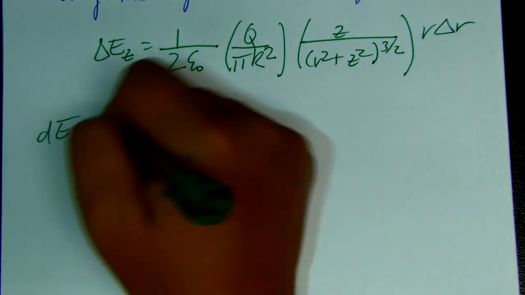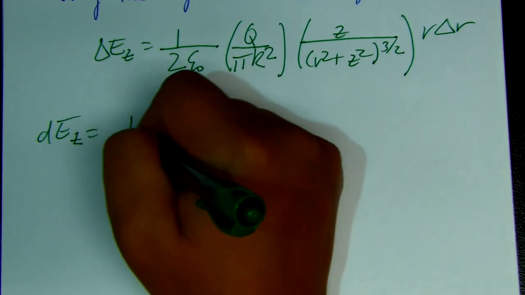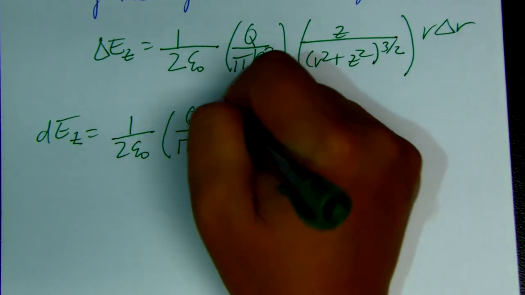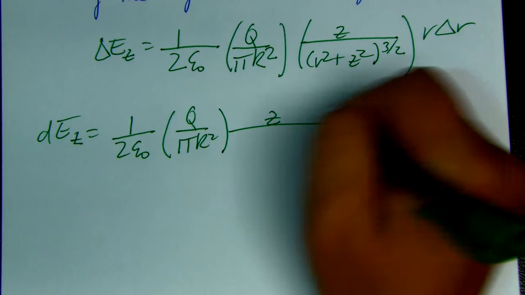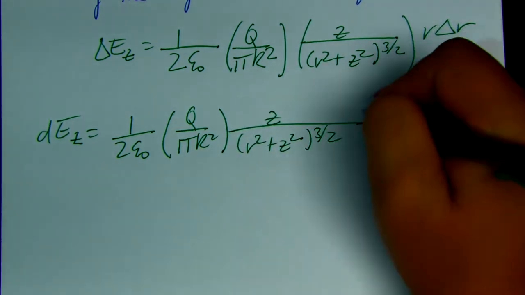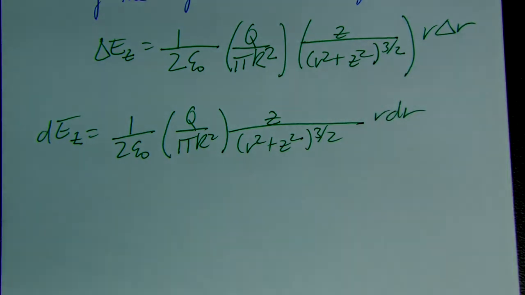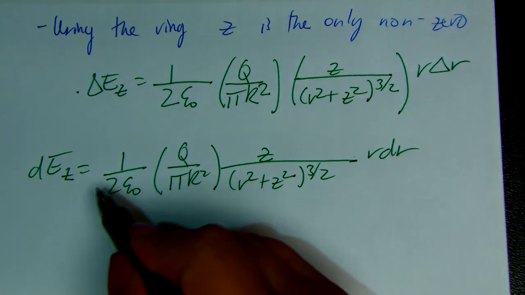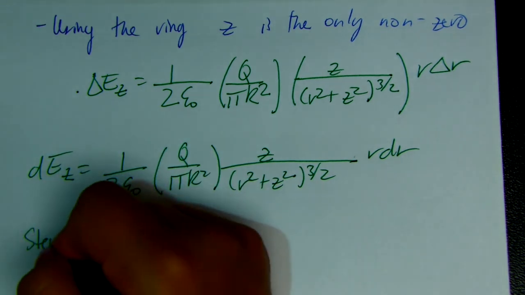So dE sub Z is equal to 1 over 2 pi epsilon naught, Q over pi r squared, times Z over r squared plus Z squared to the power of 3/2, r dr. All right, so generally you would of course stop here. Classically, we're going to keep going.